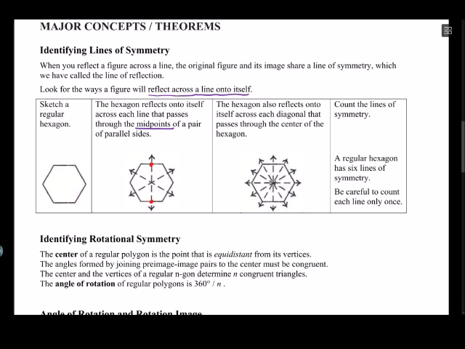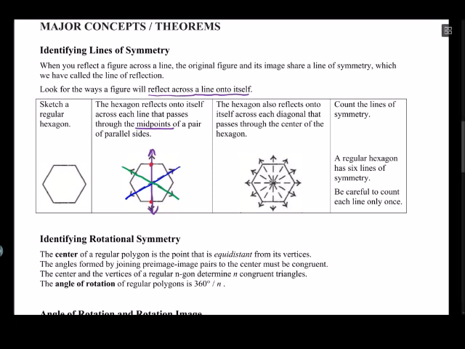So here are two midpoints, and here is our line of reflection. Can you see that it just folds over like that? And this is true for the line that passes through this midpoint and the line that passes through these midpoints. We can fold our hexagon both directions over those lines.